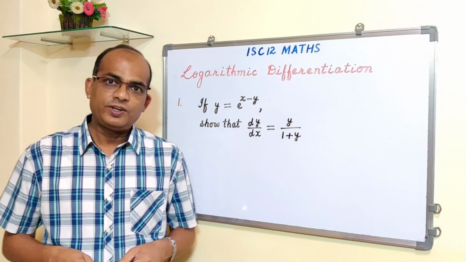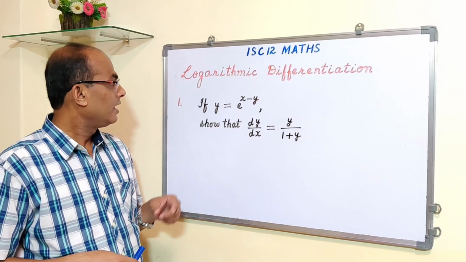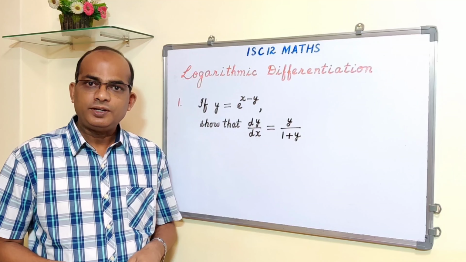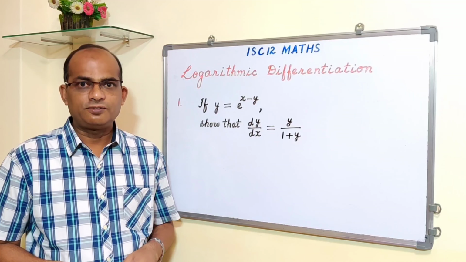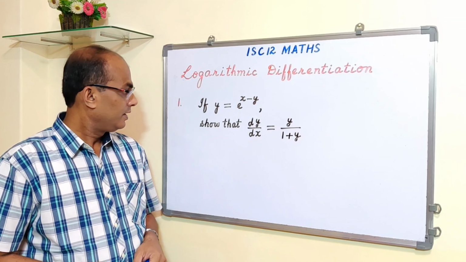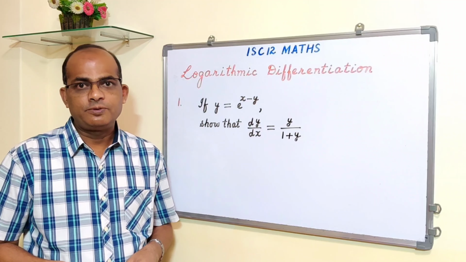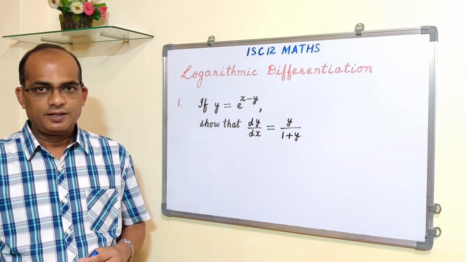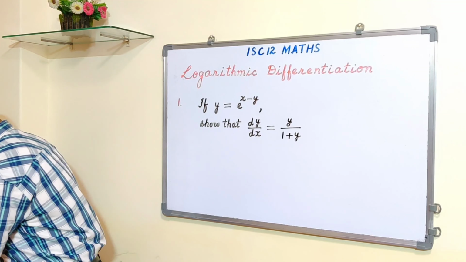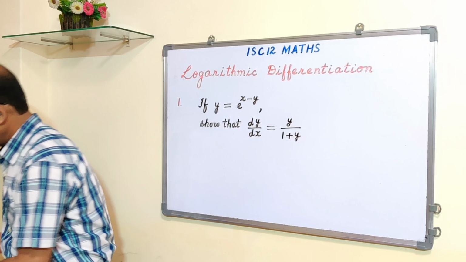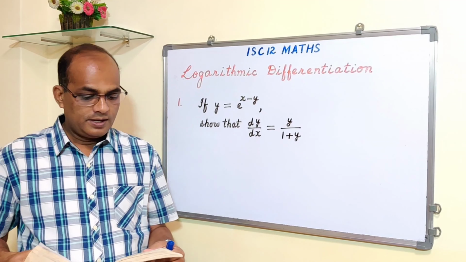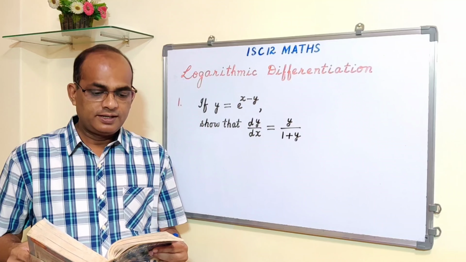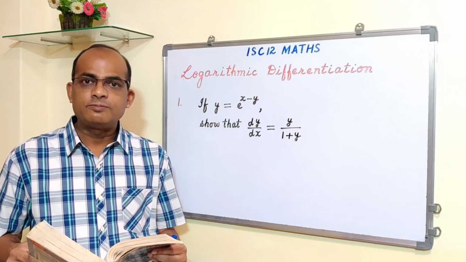The first question is, if y is equal to e raised to the power x minus y, show that dy upon dx is equal to y upon 1 plus y.